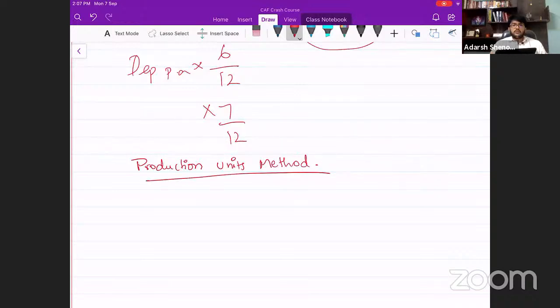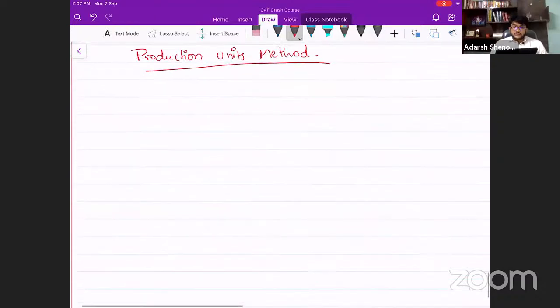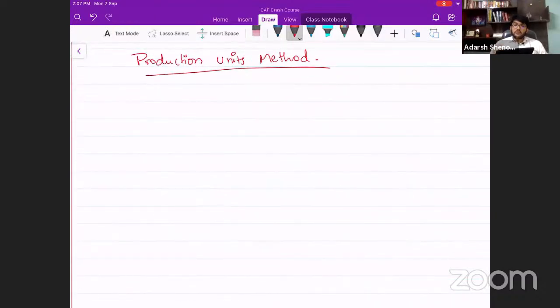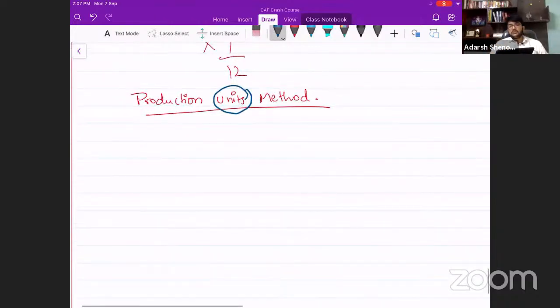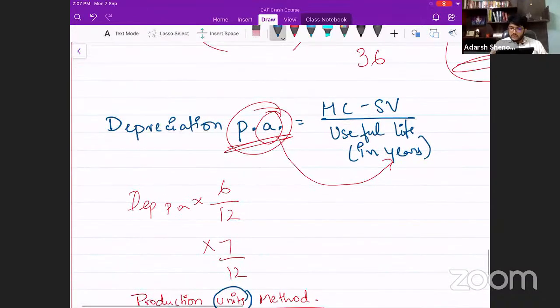Now what do we do under the production units method? This is not per year. Here we are going to calculate depreciation on the basis of units. What was the formula you said? Estimated useful life, in terms of years.